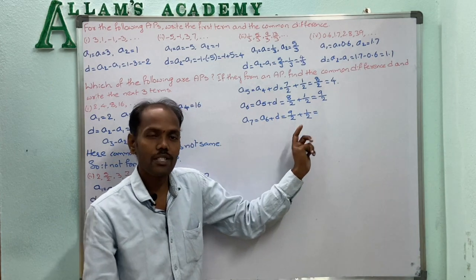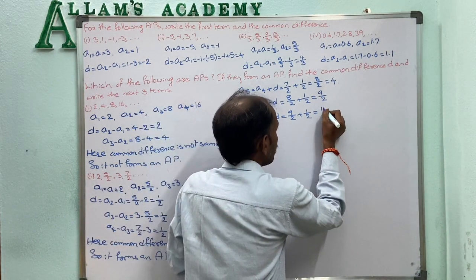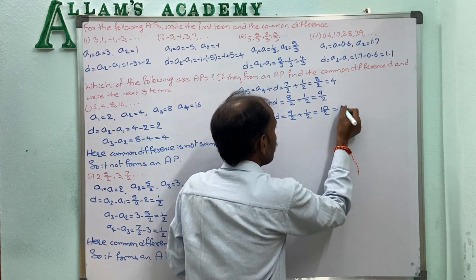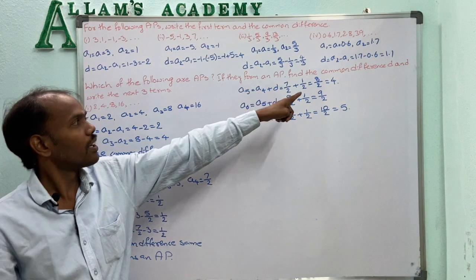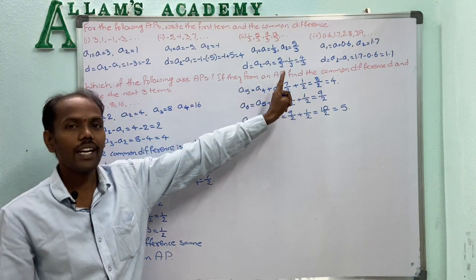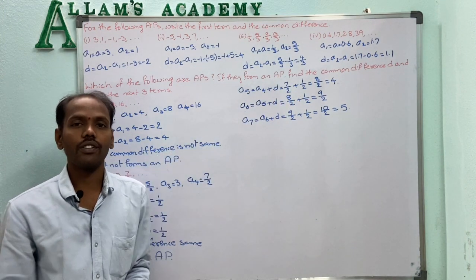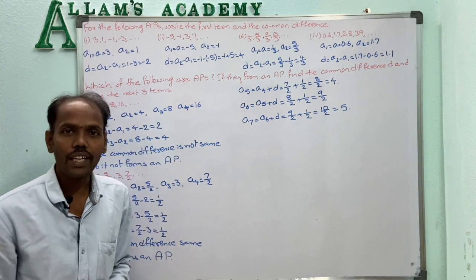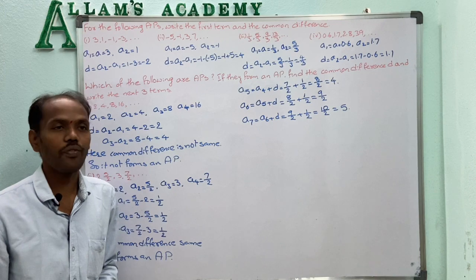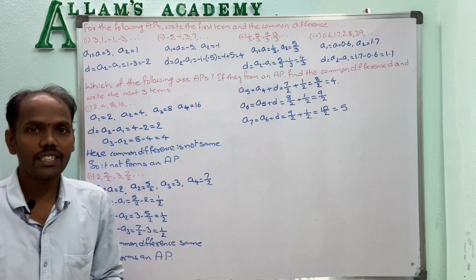Now 9 plus 1 is 10 by 2, which is equal to 5. So the next 3 terms are 8 by 2, that is 4, 9 by 2, and 10 by 2, that is 5. So we find the next 3 terms.